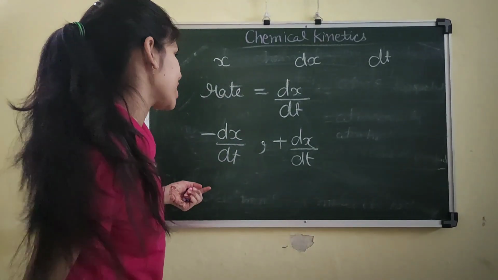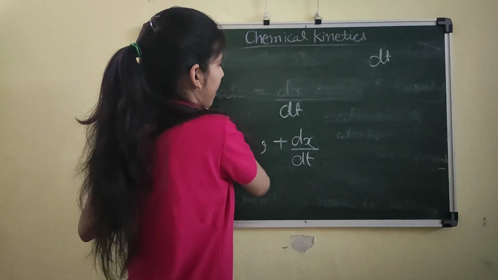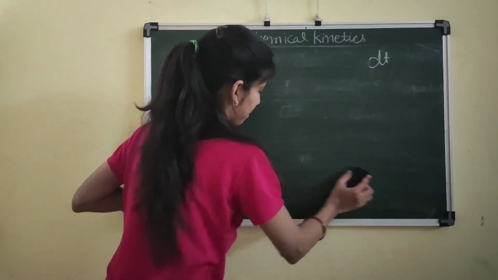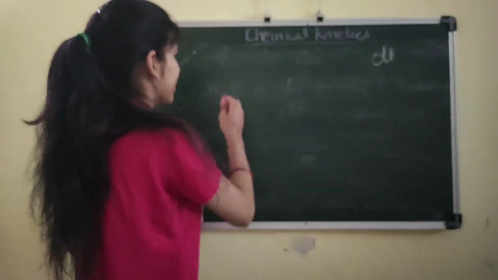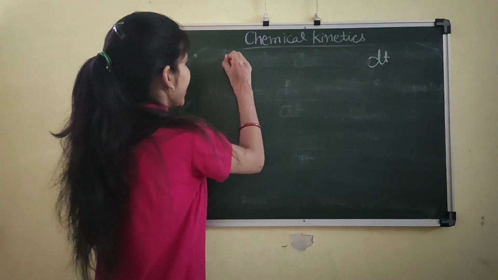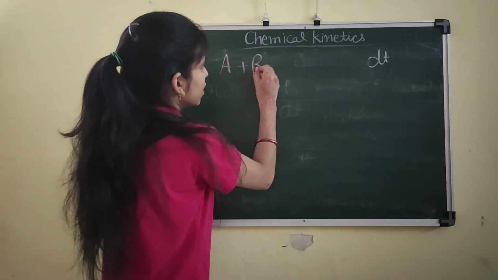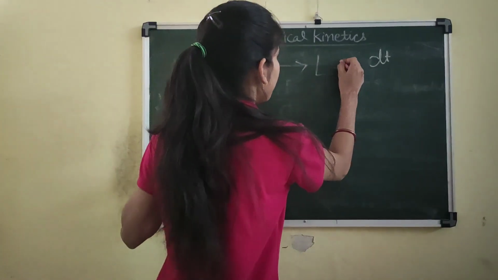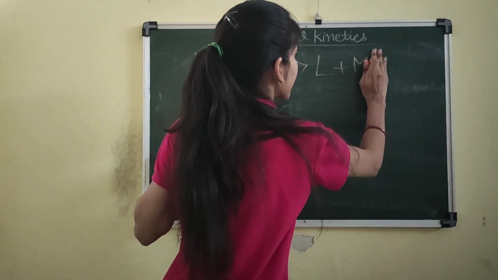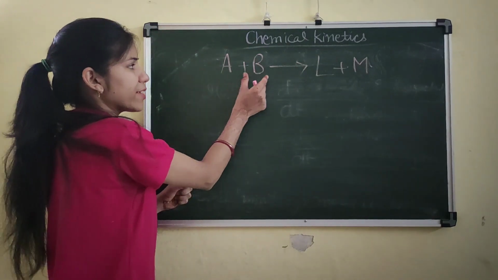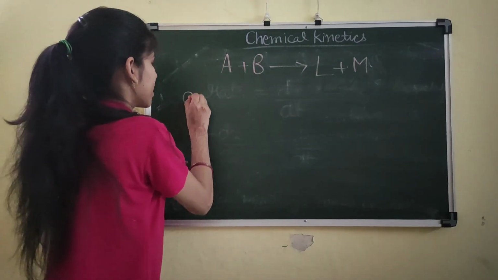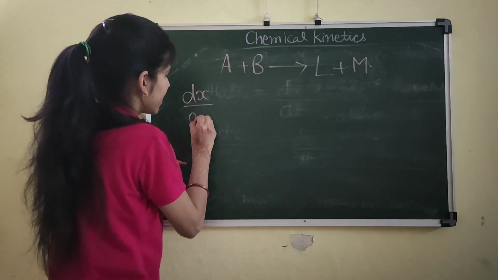For a general reaction, like A plus B giving L plus M, the rate of reaction for individual species can be written as dx by dt.